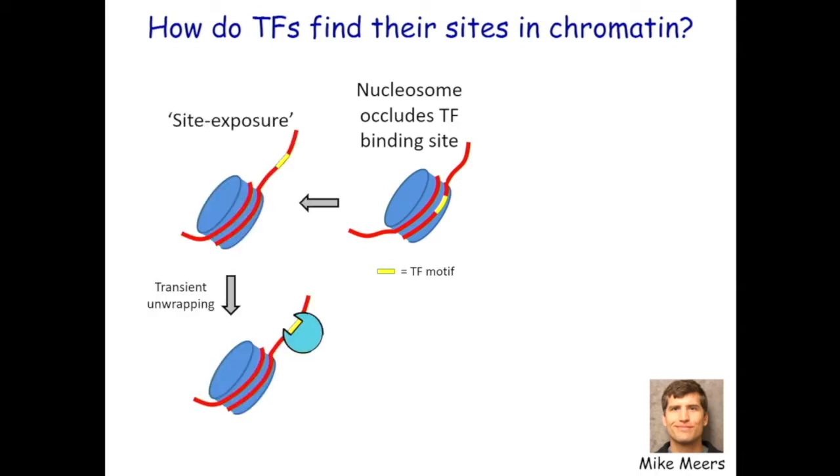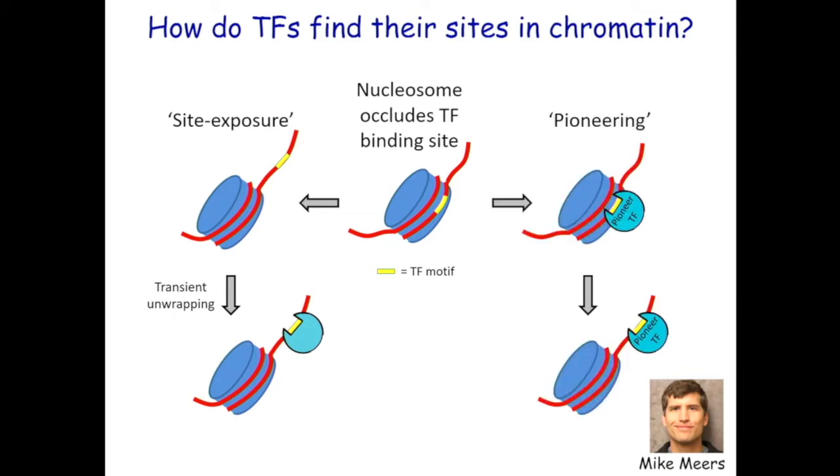So one is what we might refer to as site exposure, and that is there's transient unwrapping. It might be facilitated by remodelers that use ATP to do that. And the other idea is pioneering, where the transcription factor sits on the surface of the nucleosome, recognizes it, and in some way will, over the course of, say, development, kick it out.